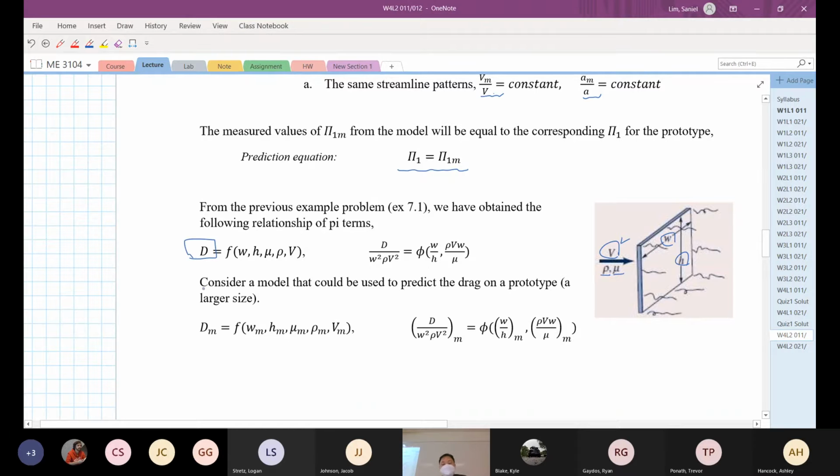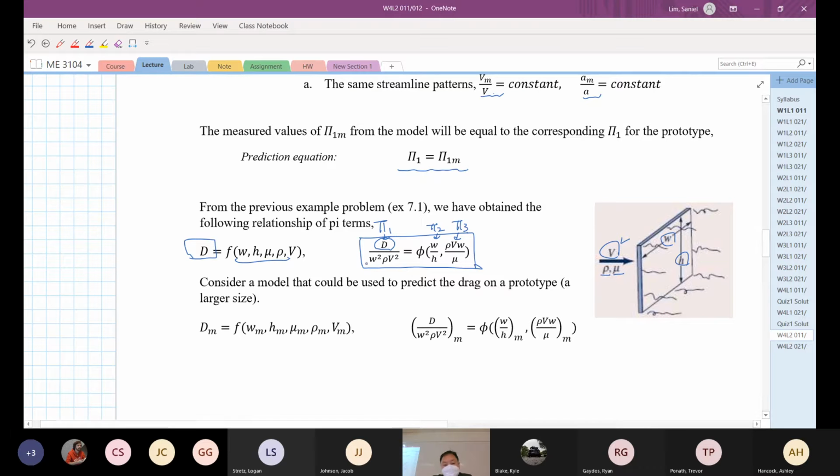Of course, we want to establish the relationship between those variables by running simple experiments, not hundreds of experiments. So we go through the dimensional analysis for those variables, and that was what we got: pi1, pi2, pi3. Of course, we have a dependent variable D here, the drag force, and that was pi1.